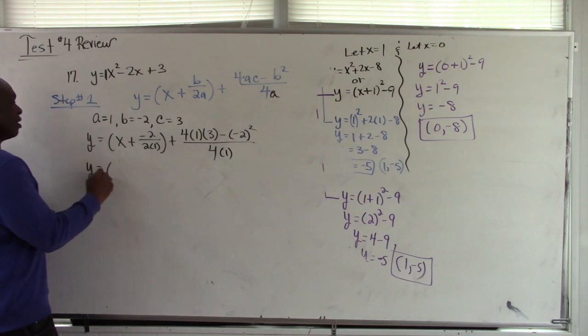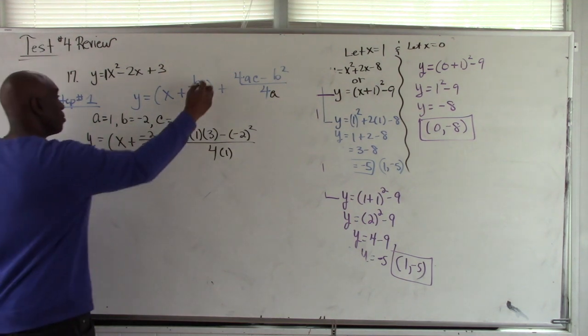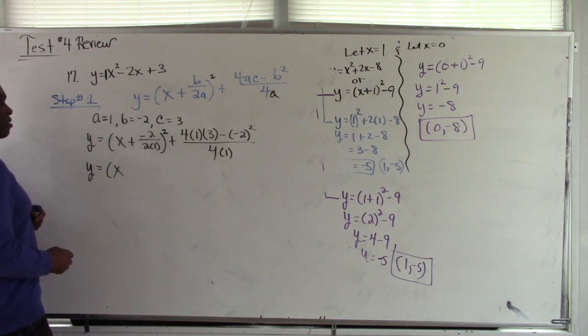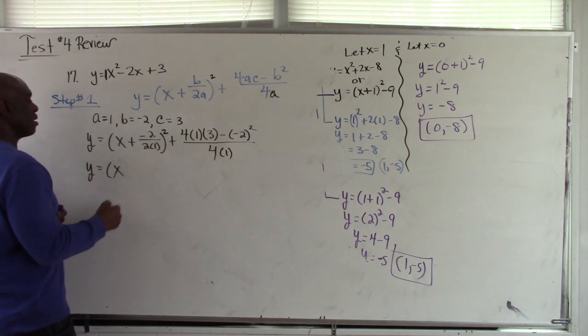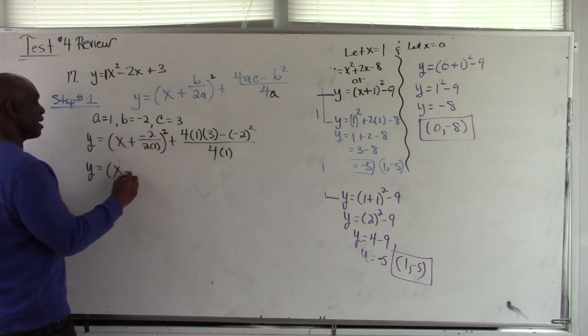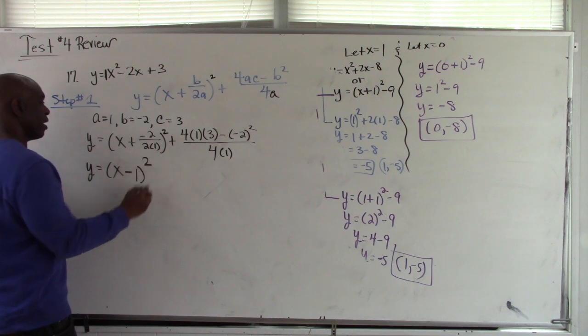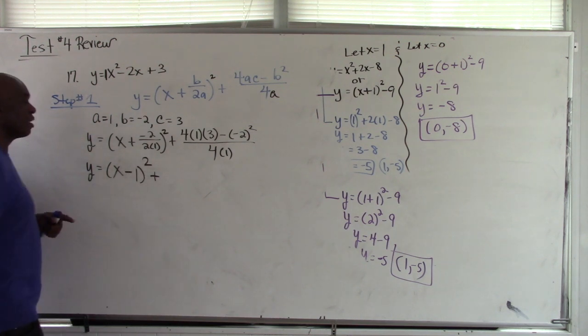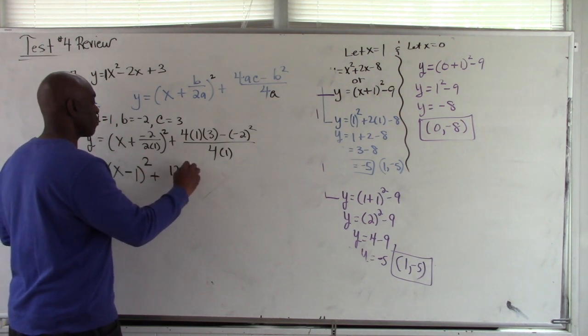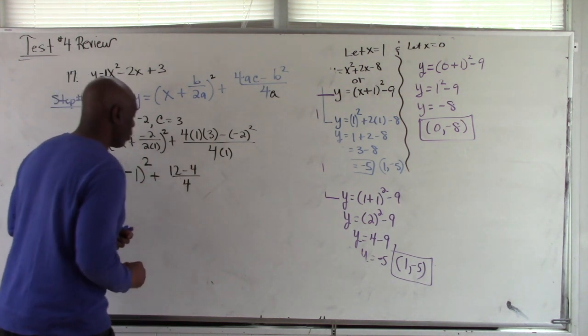So y is going to equal x squared, and this should be x minus 2 divided by 2, which is minus 1, squared, plus, let's do the arithmetic over here. That's going to give me 12 minus 4 over 4.